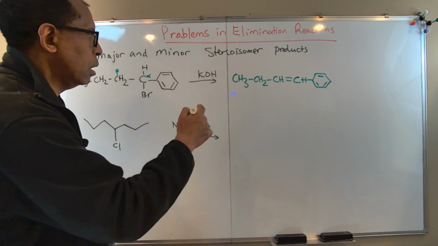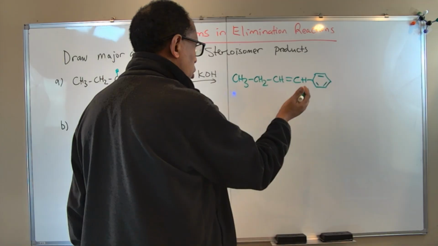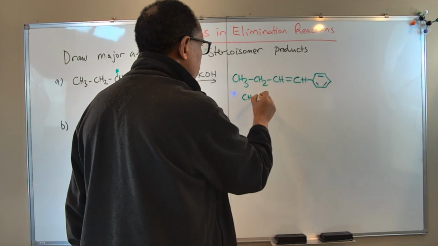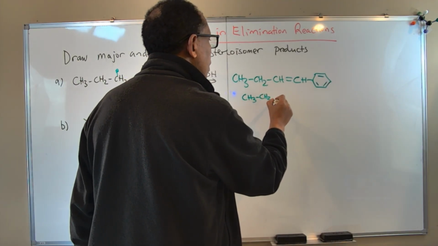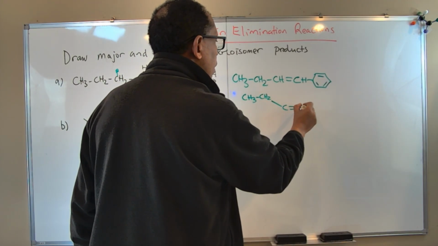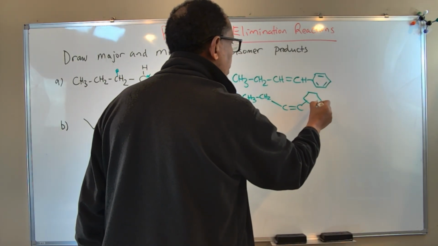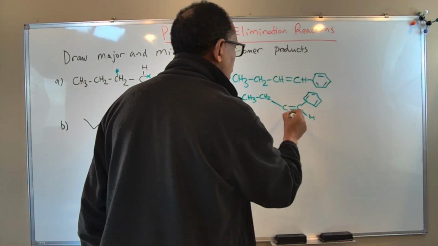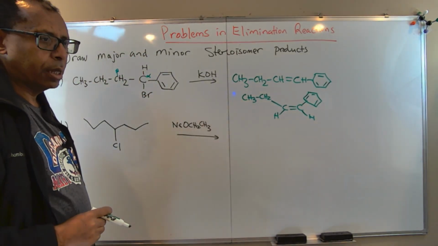Once you have this, the double bond can exist as two stereoisomers. That means if I draw a cis, CH2, C, this is phenyl up, and H down. This is one of the stereoisomers of that alkene.